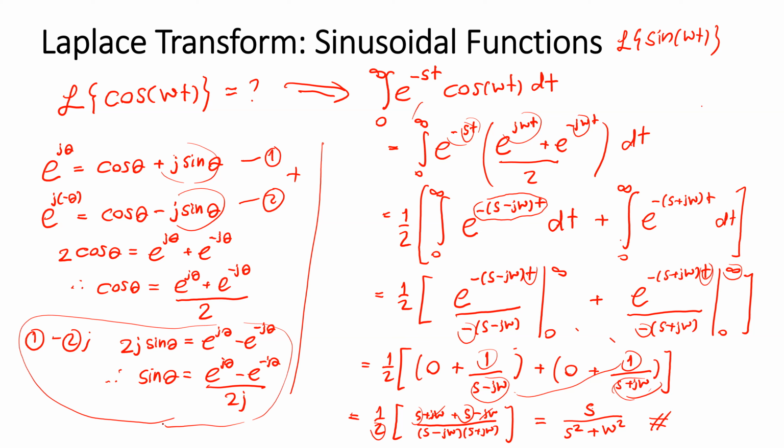It's similar to cosine because it's going to have the same denominator, but the numerator for cosine we have s, while for the sine we're going to see omega here. Try to derive this and confirm whether this is true or not.